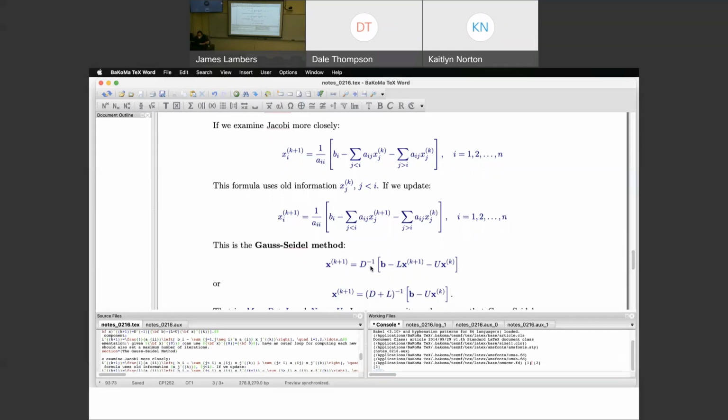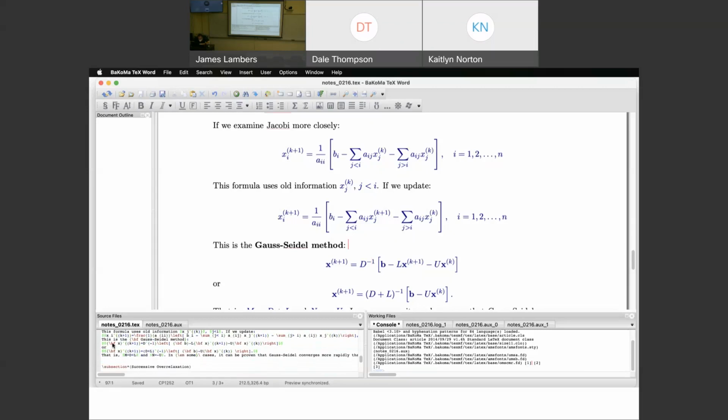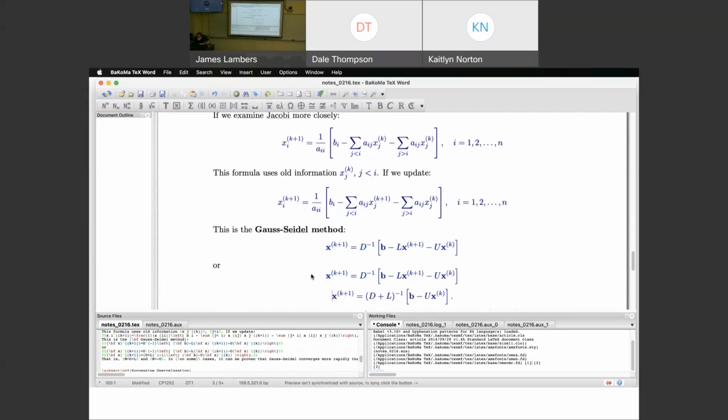If I multiply both sides by D, I'm going to show you how I got this. So multiply both sides of this equation by D. So I have a D here, and this is gone. They don't need those square brackets either.